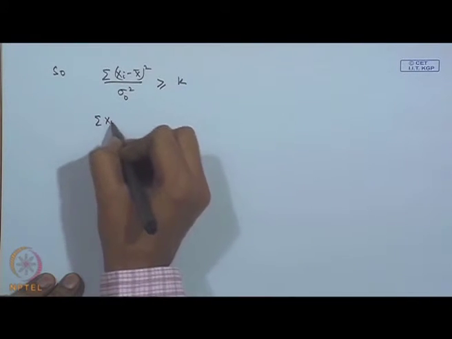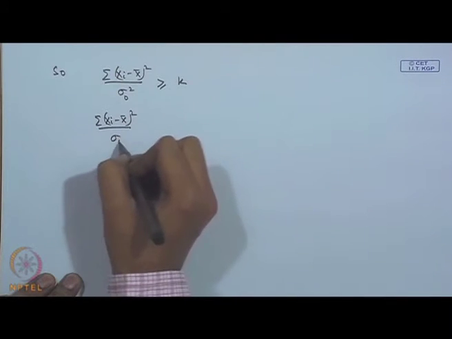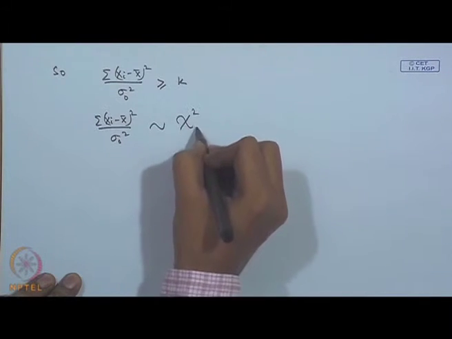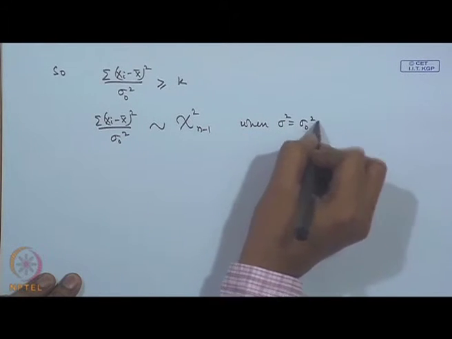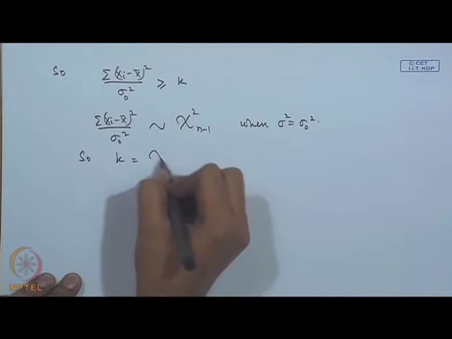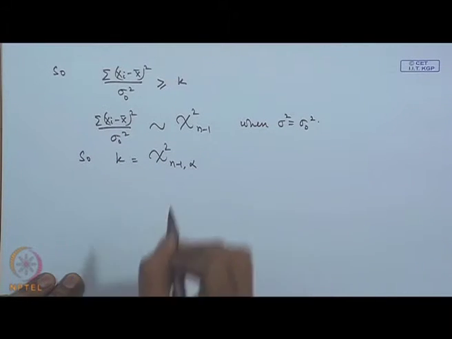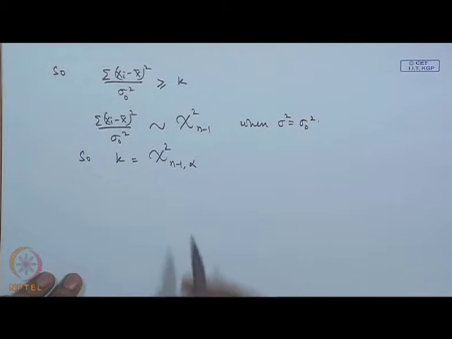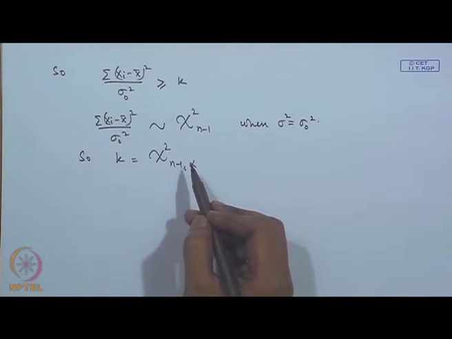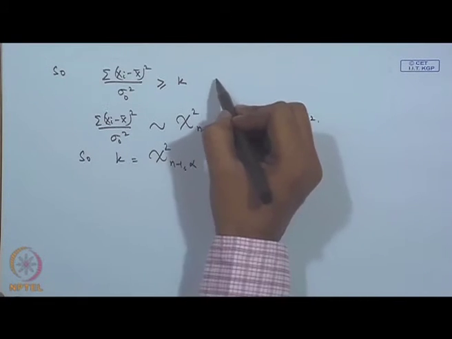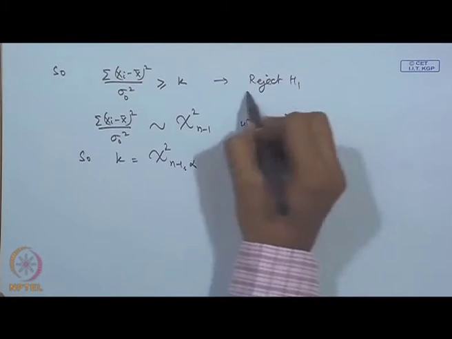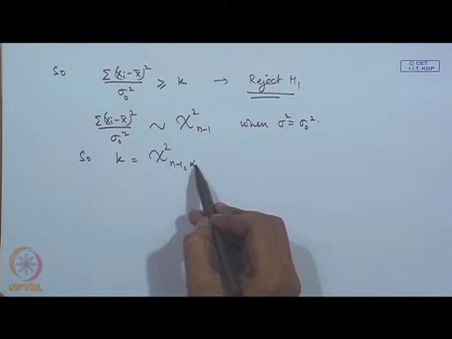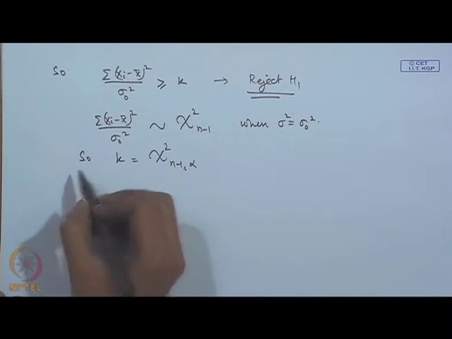Since sigma (x i minus x bar) whole square by sigma naught square follows chi-square distribution on n minus 1 degrees of freedom when sigma square is equal to sigma naught square, this k will become equal to the upper 100 alpha percent point of chi-square distribution on n minus 1 degrees of freedom. So, we have got an exact test. So, this is the reject H1. We are getting the level alpha test. This is the UMP unbiased test.